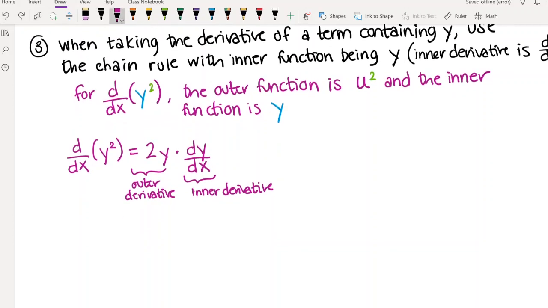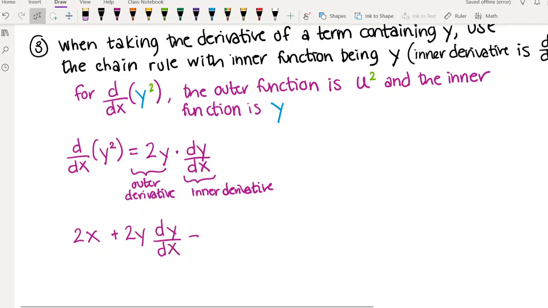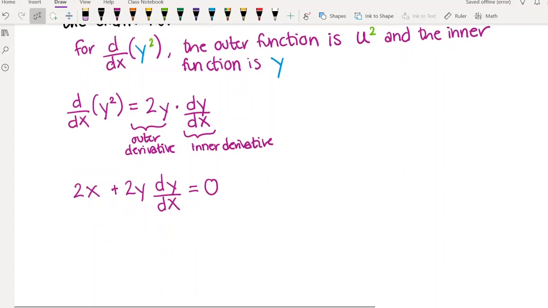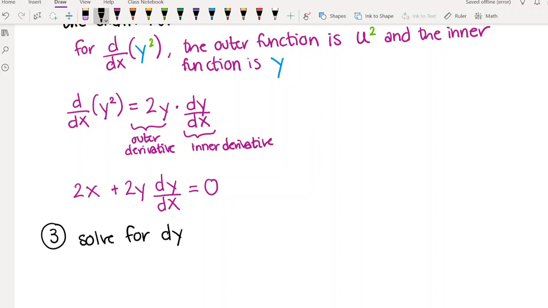So we got 2x plus 2y times dy/dx is equal to 0. So the next step, which is different from typical derivatives, is that you're then going to solve for dy/dx, right? Because that's what we're looking for.